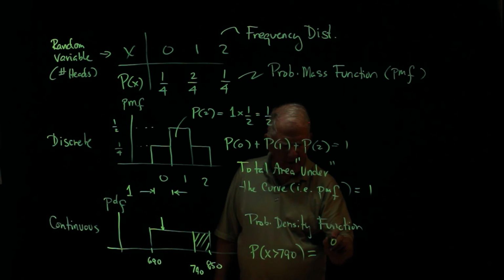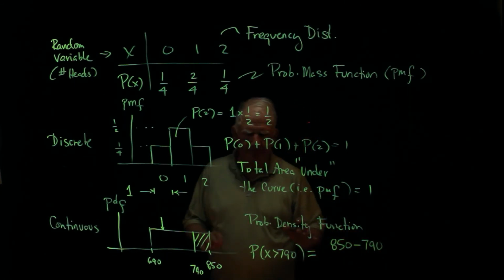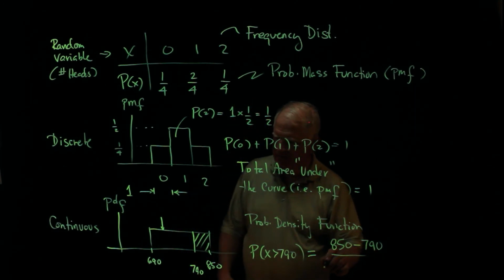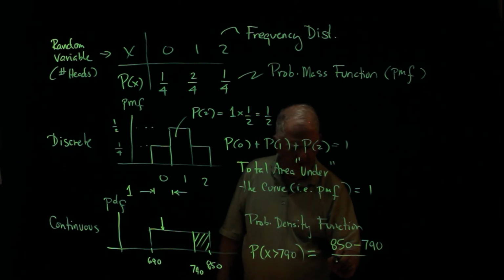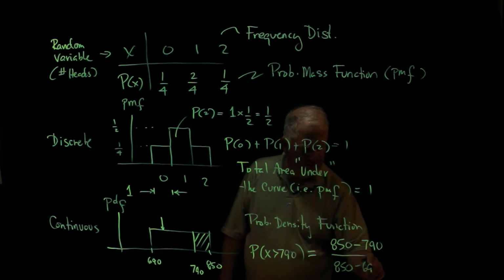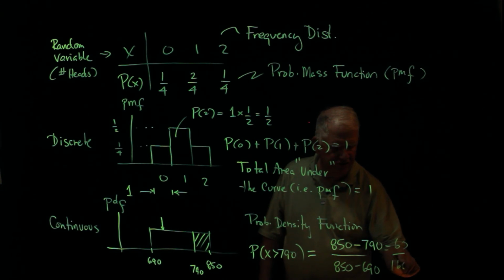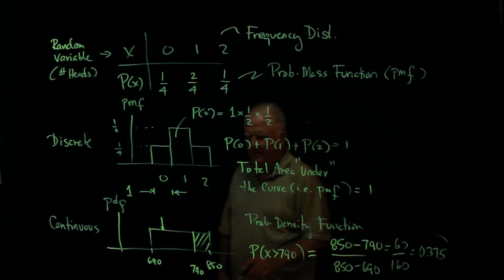That probability is the area of this rectangle, which is 850 minus 790, divided by this total range. I'm sorry, I wish I had done this a little differently. Okay, so that's 60 all over 160, and that's 0.375, the answer to the question.